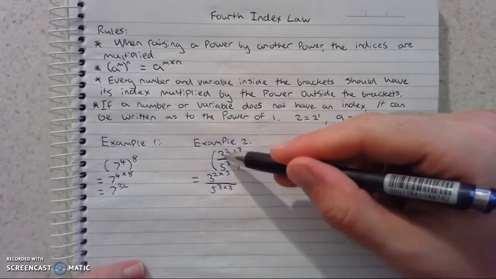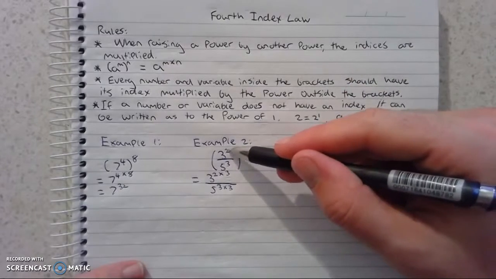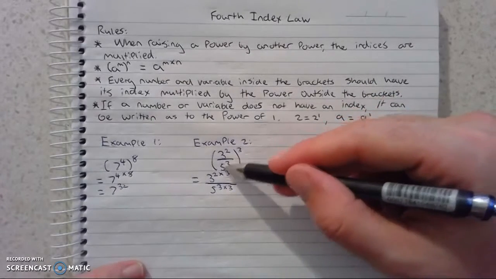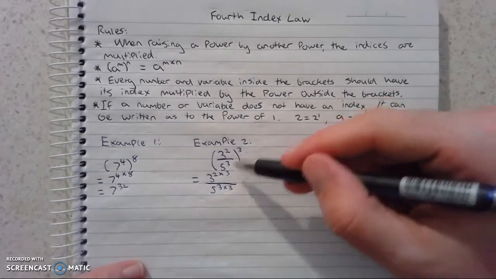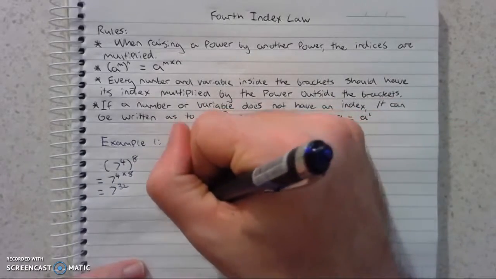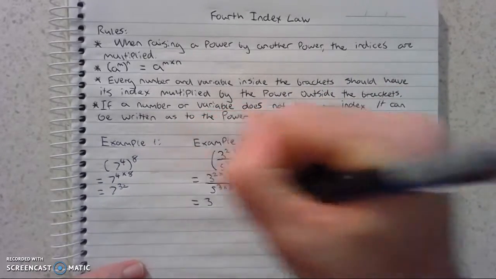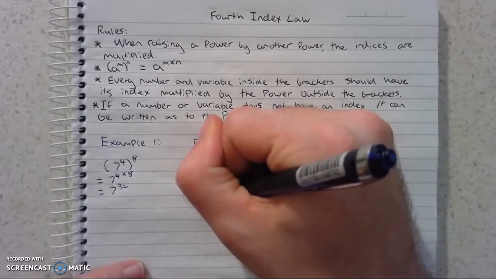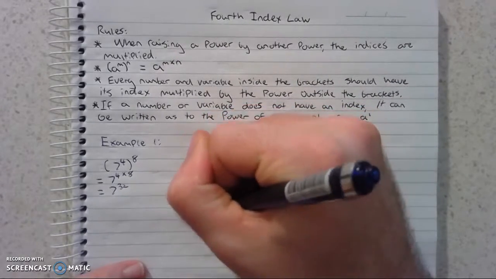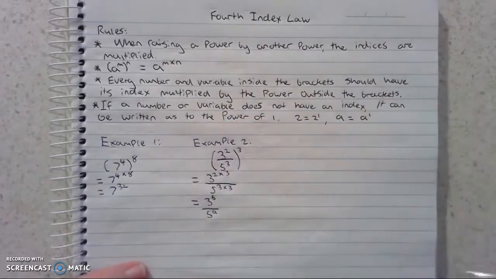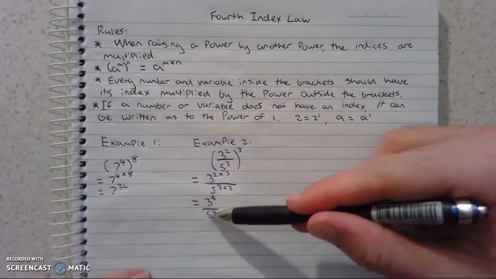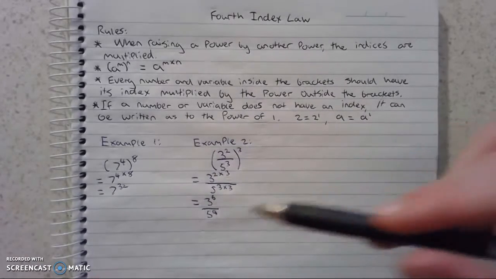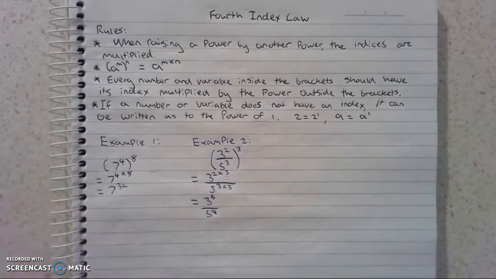Everything inside, so this one here we times by 3, and this one here we times by 3. So that would be 3 to the power of 6 over 5 to the power of 9. These aren't the same base, so there's nothing more we can do with that. That is the simplest form we can leave it in.